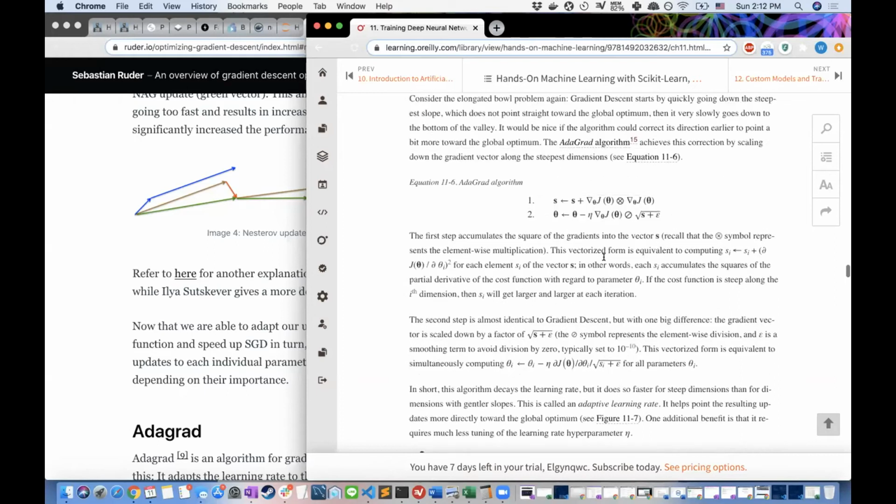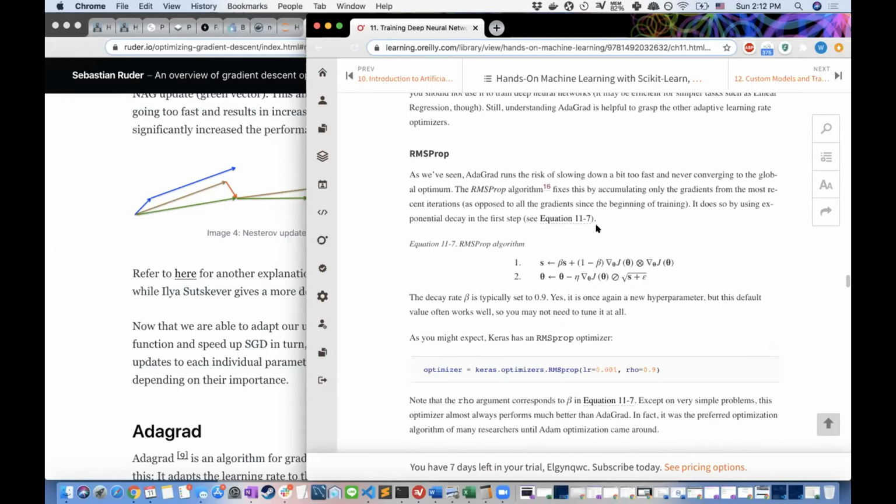Okay, if no one has any questions or comments, let's move forward to RMSProp. As we've seen, AdaGrad runs the risk of slowing down a bit too fast and never converging to the global optimum. The RMSProp algorithm fixes this by accumulating only the gradients from the most recent iterations, as opposed to all the gradients since the beginning of training.